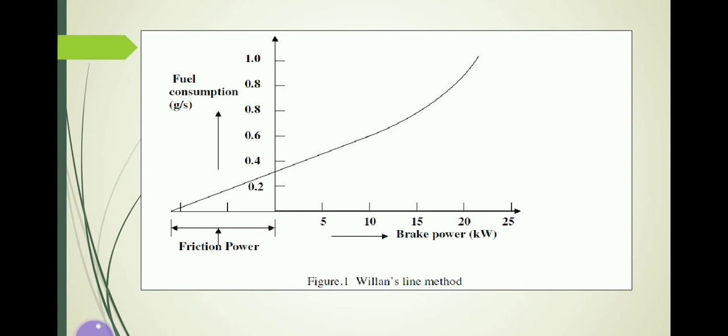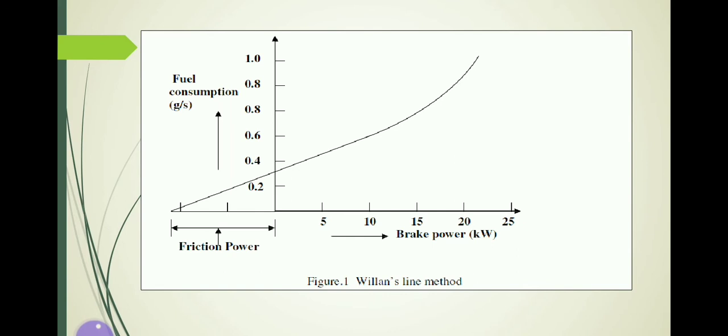Because brake power is nothing but the total amount of useful power available at the shaft. That means the first initial power which is going to be produced is completely going to be wasted for overcoming the friction which takes place inside the engine. So that power which is wasted is nothing but the friction power, and before the point at which we get the first brake power, that energy is wasted as friction power.